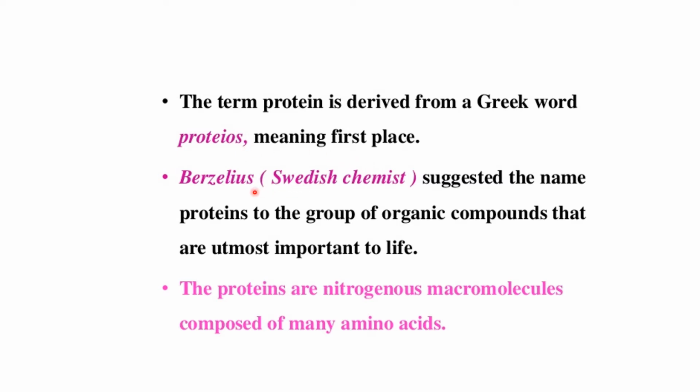Berzelius, the Swedish chemist, suggested the name proteins for a group of organic compounds which are nitrogenous macromolecules made up of amino acids. Why it is a nitrogenous macromolecule, you will understand better if you concentrate on the structure of amino acids.